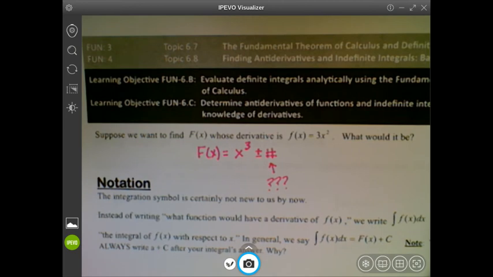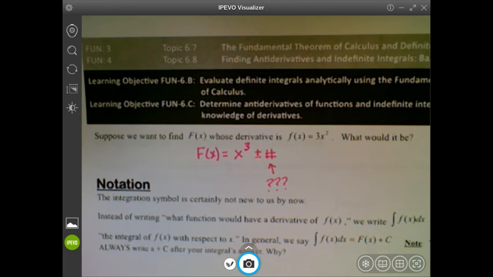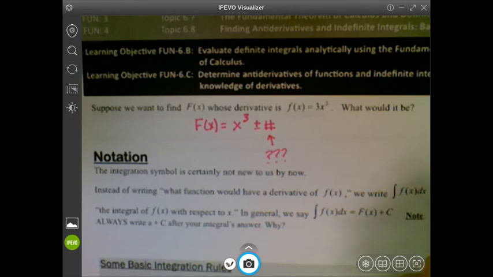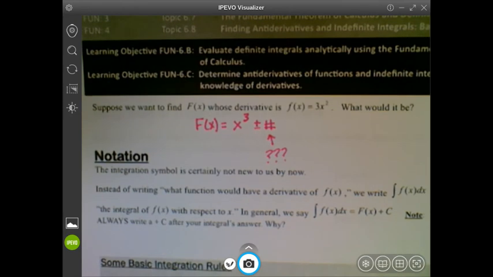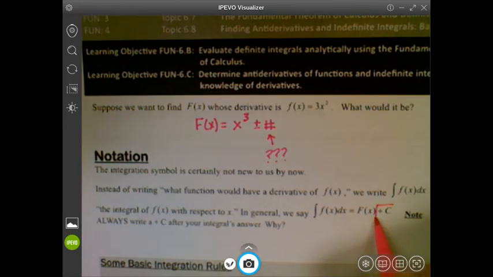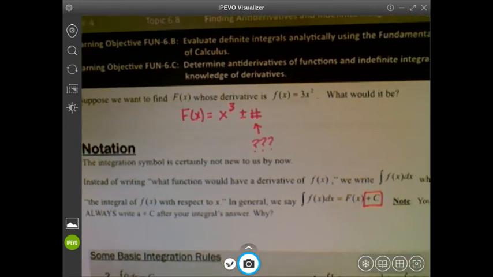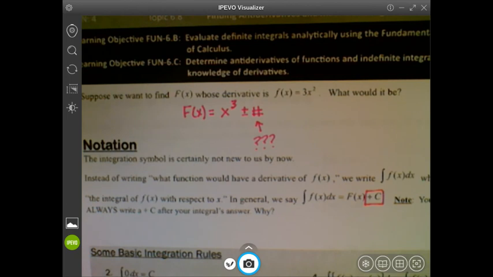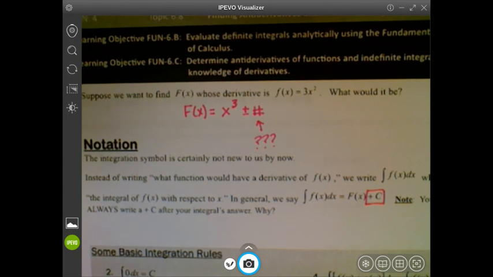What we're going to do in this class is, if we can't figure it out, we say there's a constant there. So there's always a plus c. After you do any kind of indefinite integral, you always have to include this constant value.